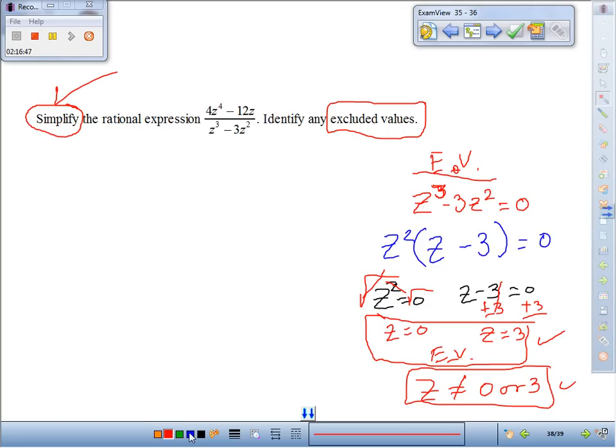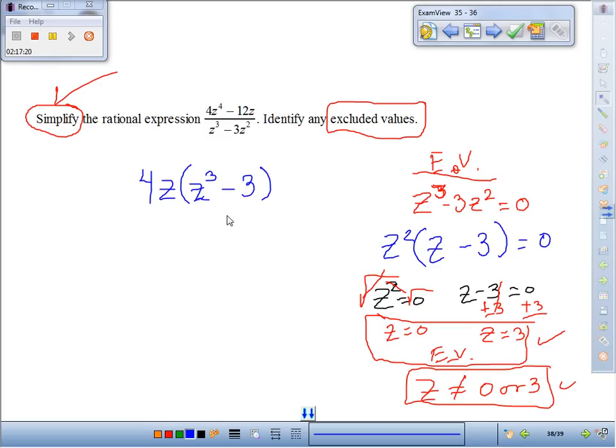Let's simplify. Look at the numerator. Let's simplify the numerator. Let's factor it. What's the GCF here? 4z. We're left with z cubed minus 3.